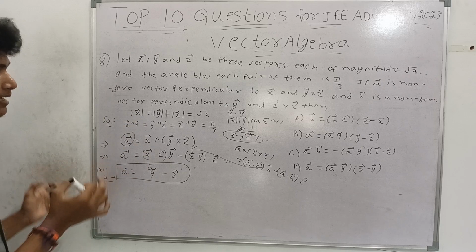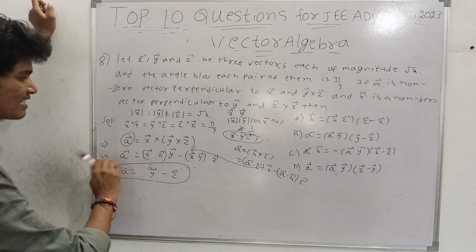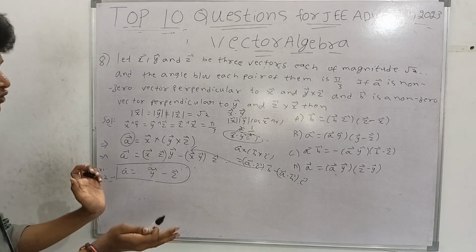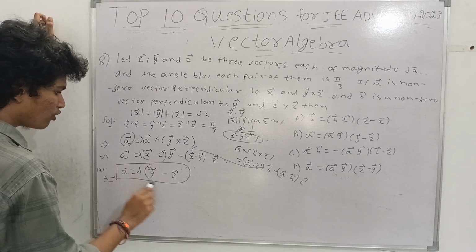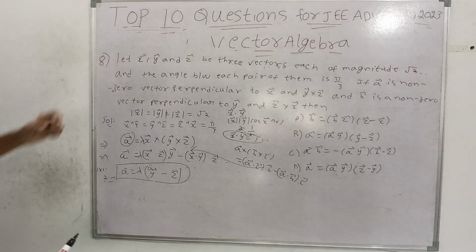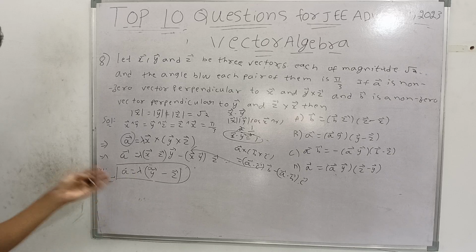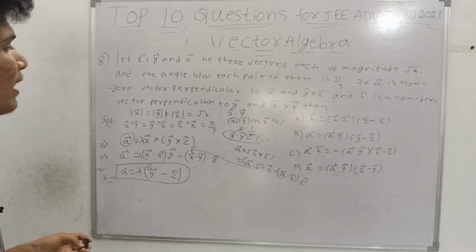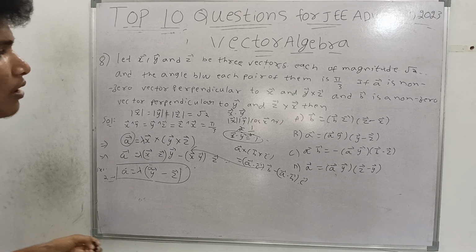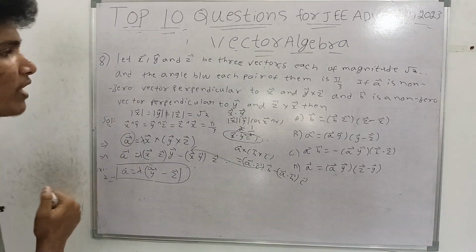Basically we have to consider here lambda, because a vector is simply the perpendicular of those two vectors, but there will be a lambda here. We have to find the lambda value, because the lambda value itself suggests how this is related. So it is very important to write the lambda value. And also a vector dot y vector we can simply write.